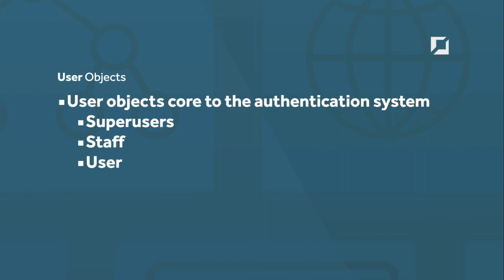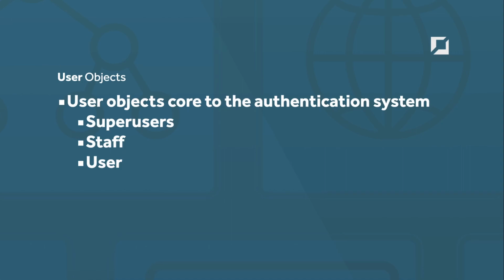Because authorization typically occurs after authentication, we need to know a little bit about the general authentication system within Django, if you didn't already know a little bit about it. The key here is to understand user objects. There is really only one user object in Django.